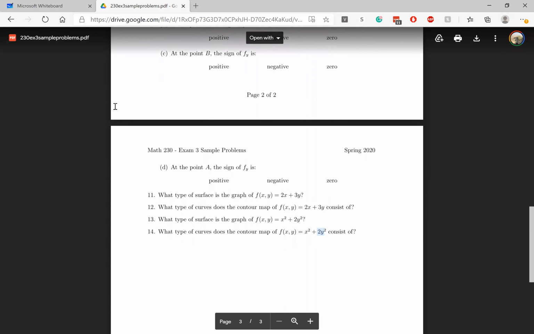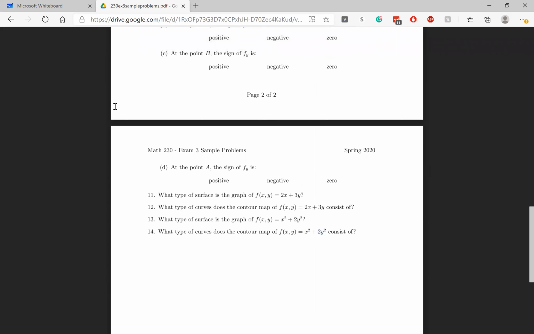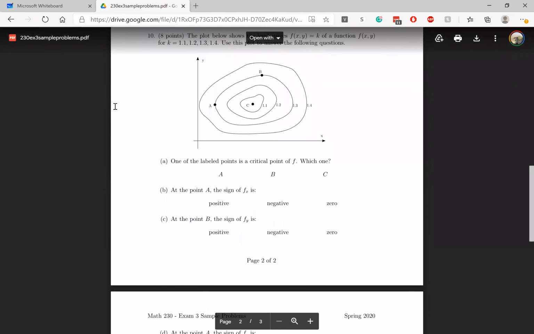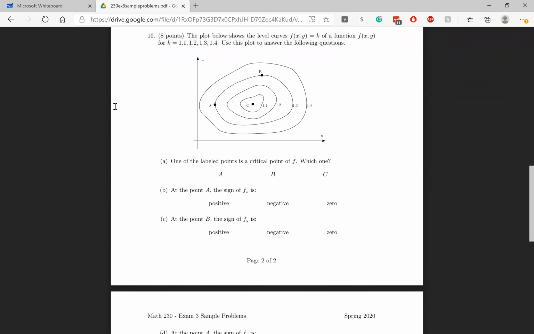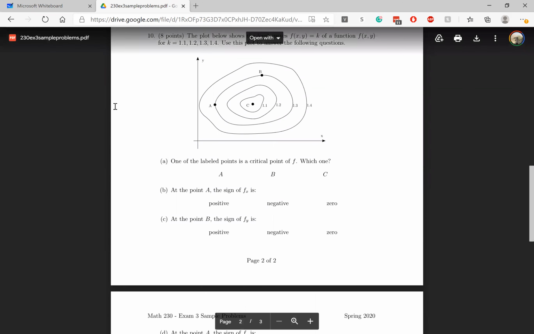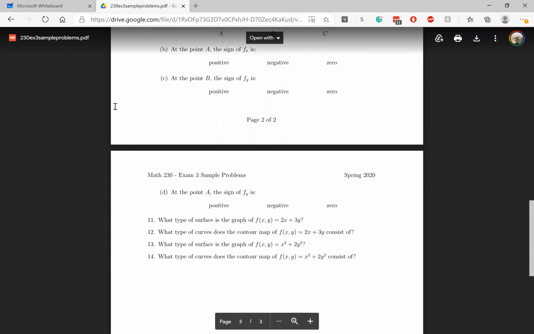At the point A, the sign of the partial with respect to y is, if we move in the y direction, we're again going up, so it will be positive.